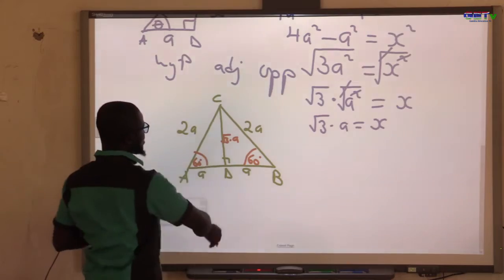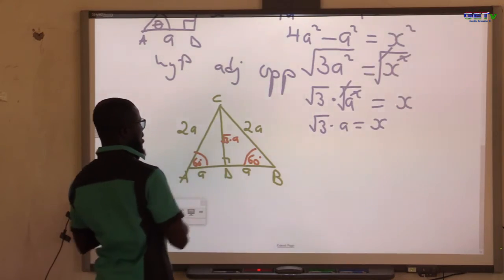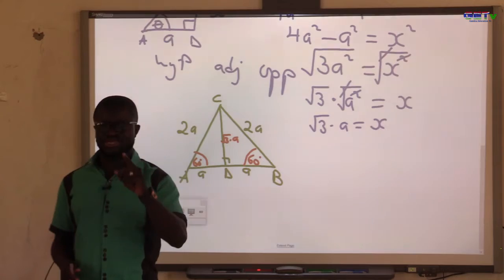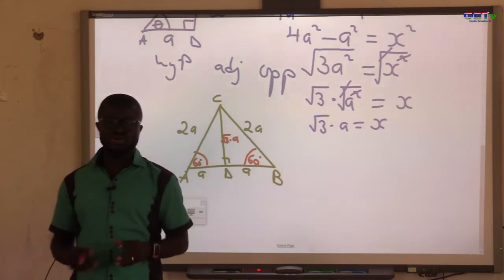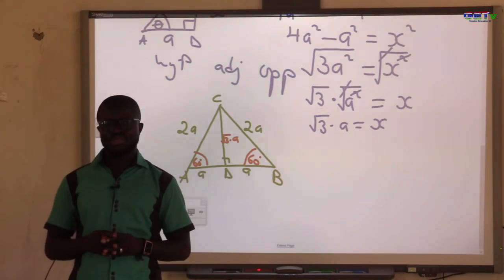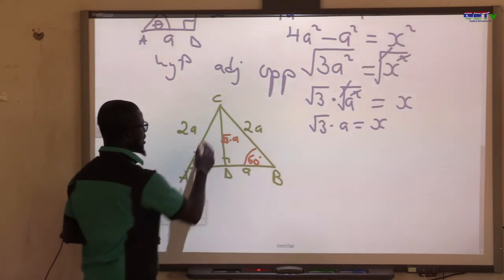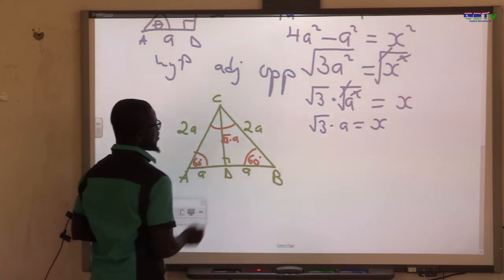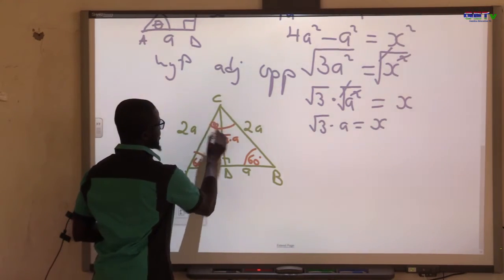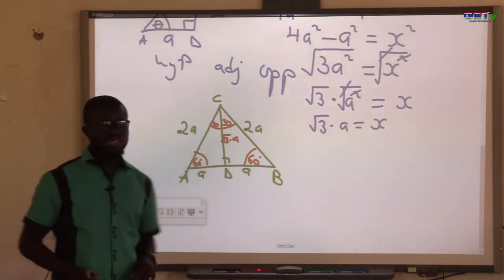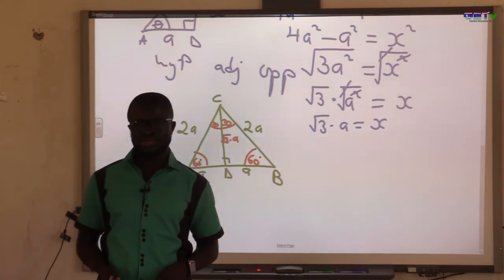But when I bring in the line segment CD that bisects line AB at 90 degrees, the angle at C is no more 60. What should be the angle if it is not 60? Since the angle is bisected, we can now say that each of these angles will be 30 degrees each, because the 60 has been bisected.